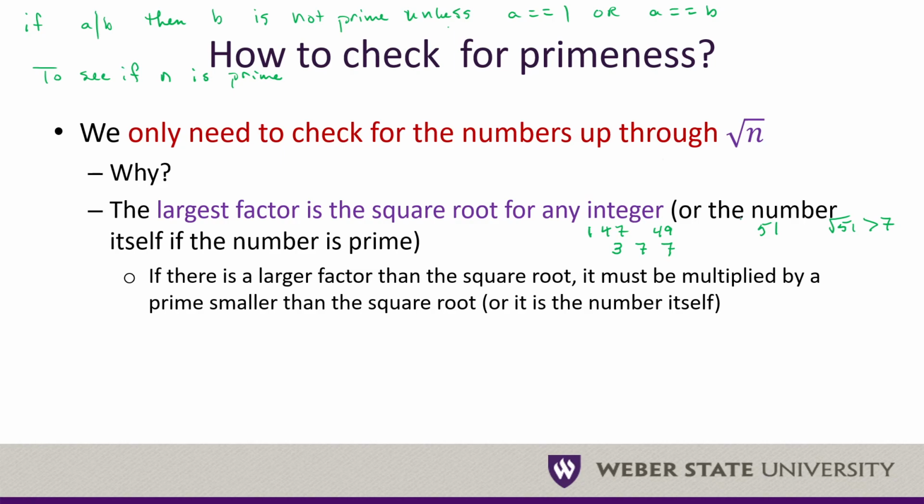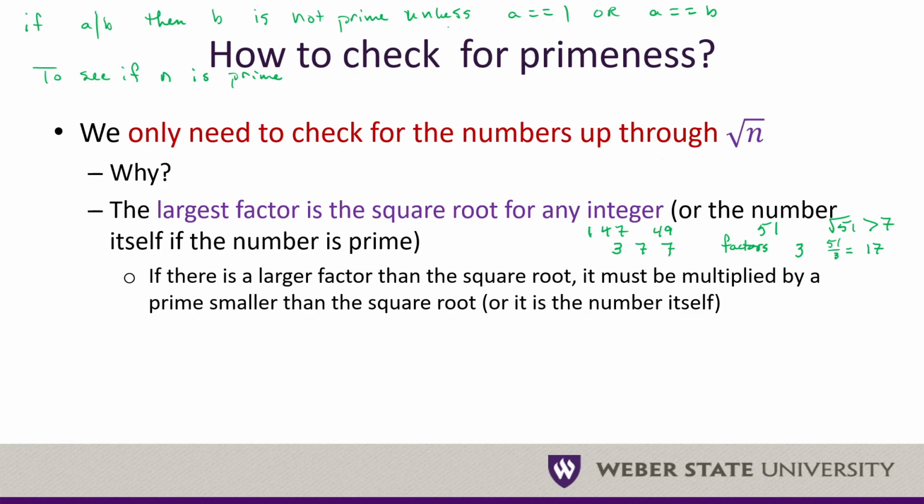But if I start factoring it, if I divide by 2, that doesn't work. How about 3? Yep. Okay, so 3 is a factor. 51 divided by 3 is equal to 17. Is 17 prime or not? 17 is prime, so I can't factor it any more than that.